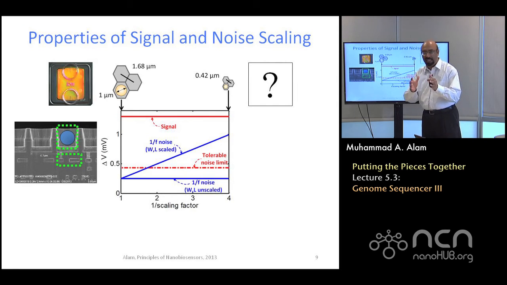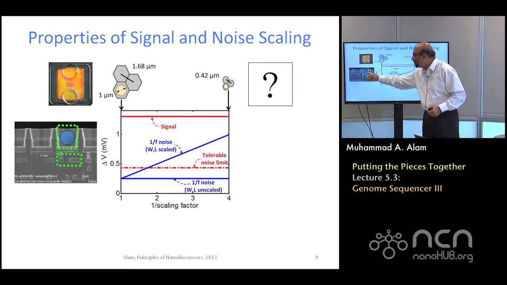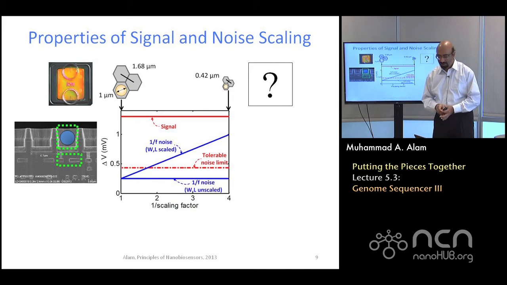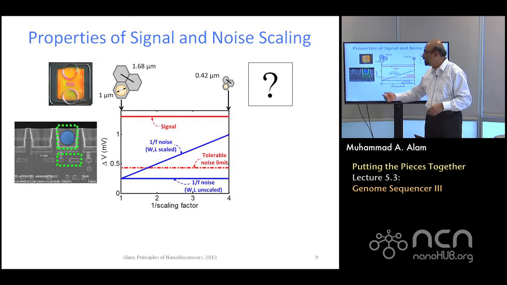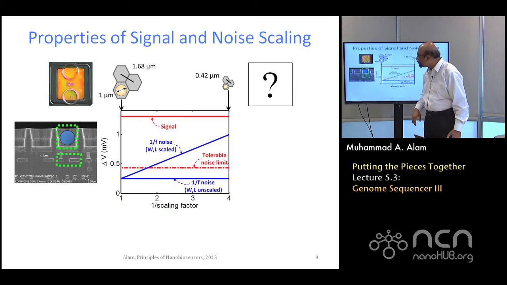As you make the well smaller, you have a fewer number of protons on the surface, because the number of DNAs that you have is proportional to the surface area, 4 pi r squared, so the number of DNA per bead becomes smaller. That's true. But at the same time, the well is smaller, so the pH rise is about the same. And so the signal, which is the red line, will remain the same.